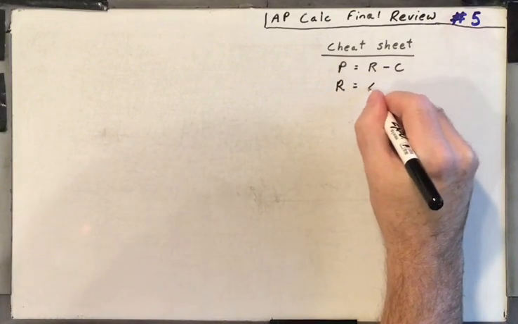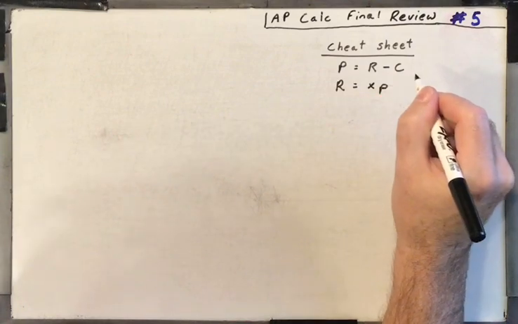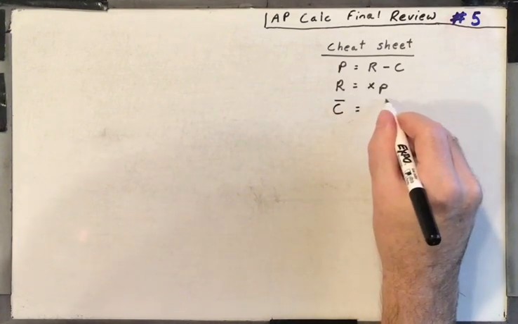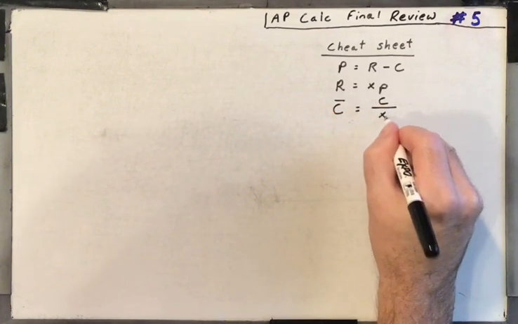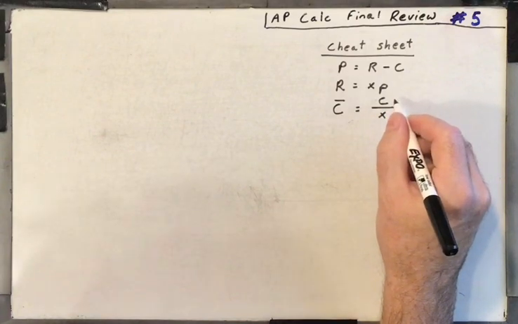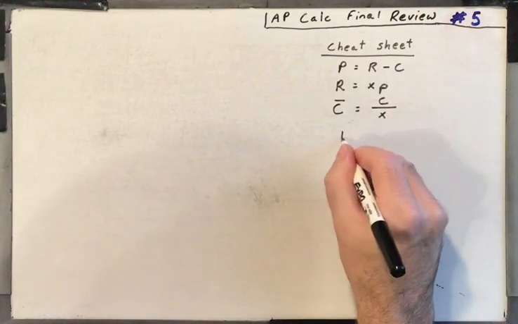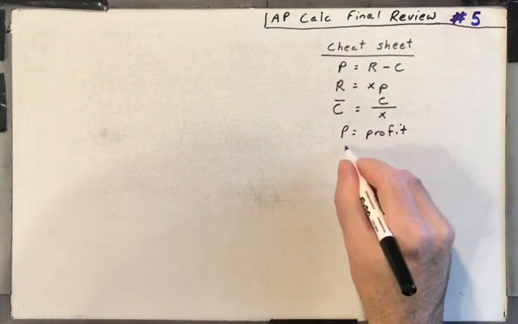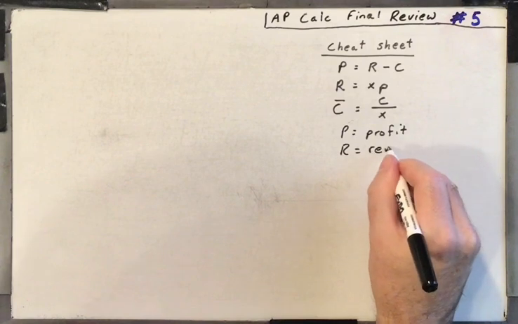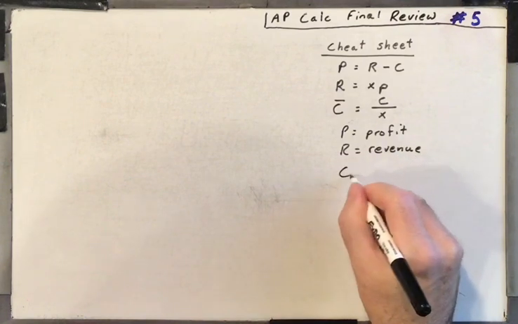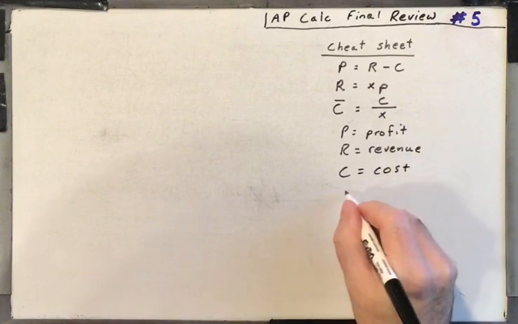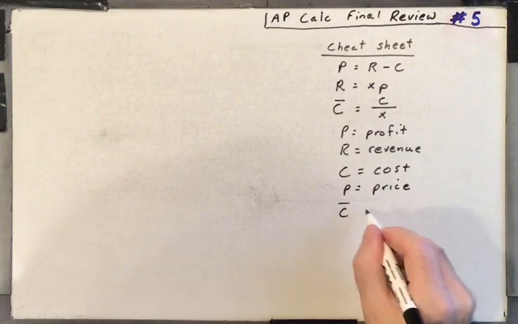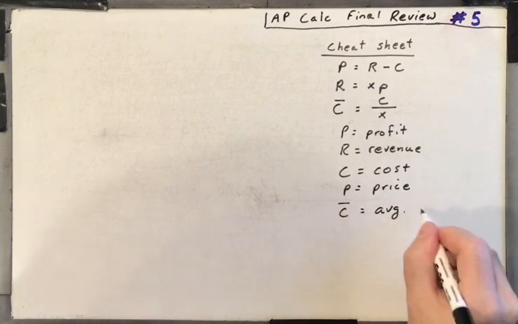Revenue is equal to the number of units times the price. Average cost, C bar, is equal to the cost function divided by x. You divide the x into the cost function. Where P is equal to profit, R is equal to revenue, C is equal to cost, little p is equal to price, and C bar is equal to average cost.